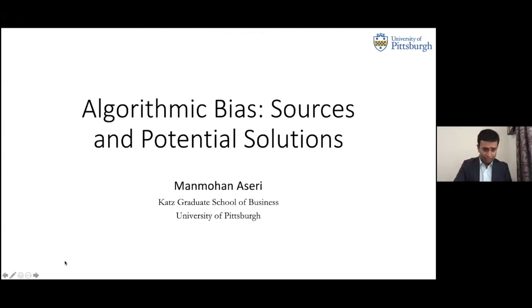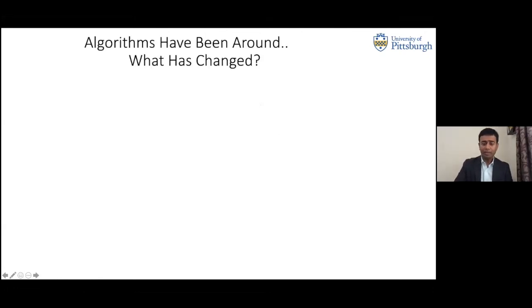So before we worry about algorithmic bias, one thing we should ask ourselves is: what has changed? Why are we worried about it now, because algorithms have been around for decades?